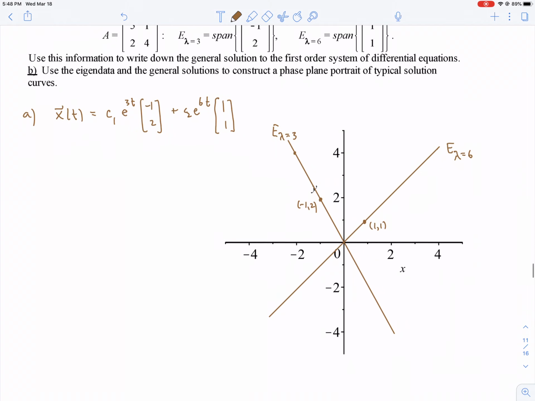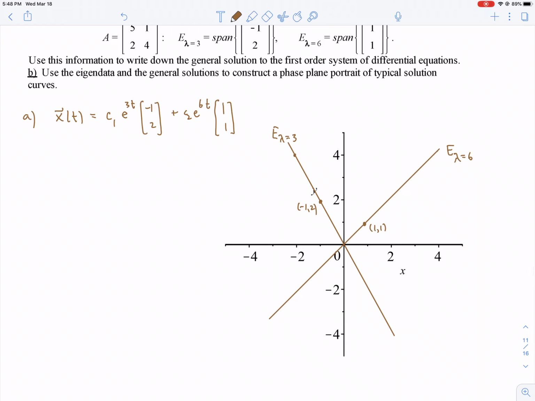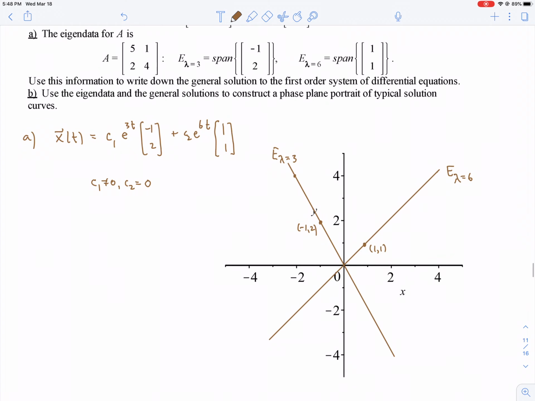Okay, so if C1 is not 0 and C2 is 0, then my solutions are just multiples of e to the 3t times minus 1, 2.